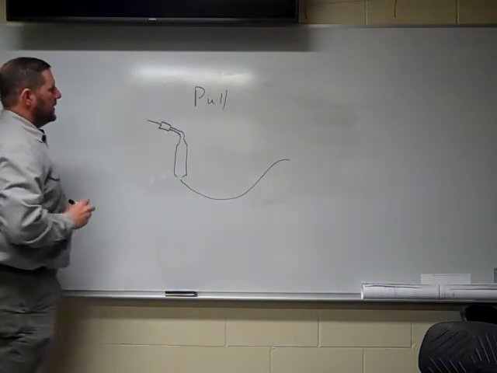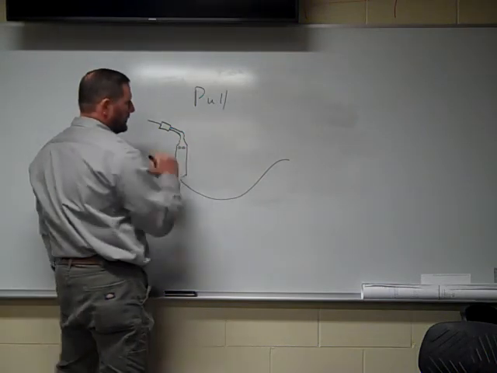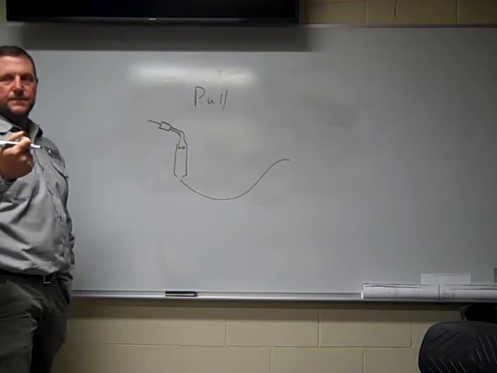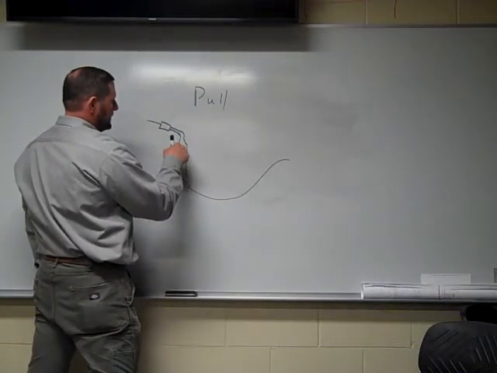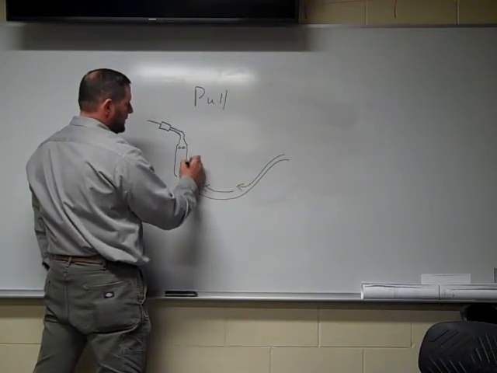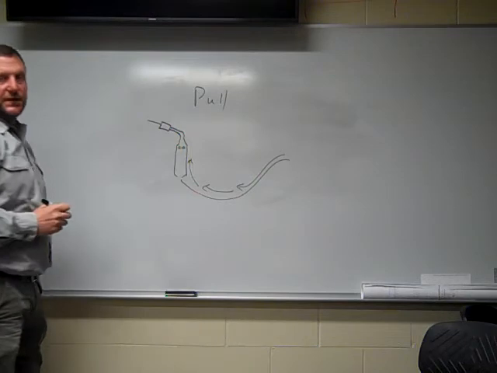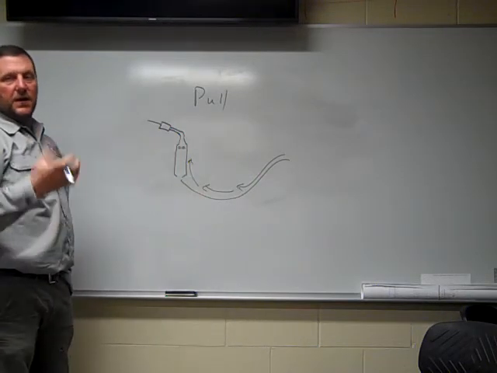Here's my wire coming out. In a pull system, there is actually a set of drive rolls right in your welding whip. So as these drive rolls turn, it is actually pulling the wire through the system instead of pushing it. So your drive rolls are actually in your actual welding lead.